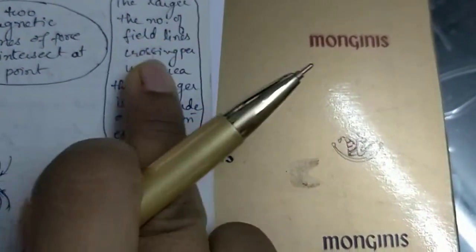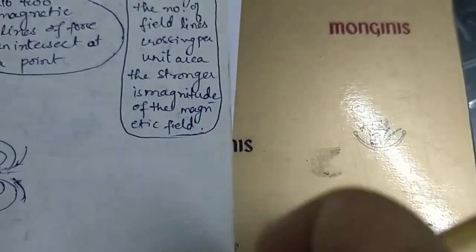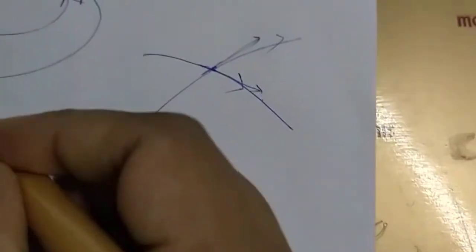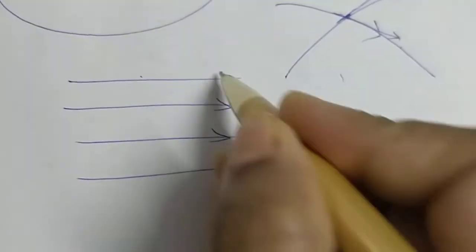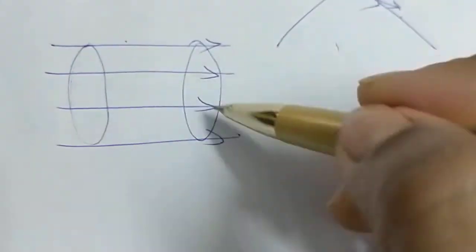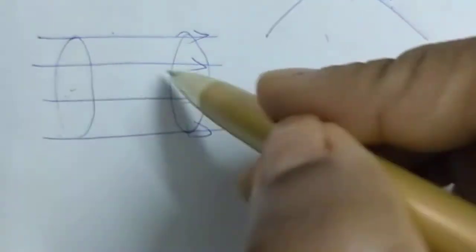The larger the number of field lines crossing per unit area, the stronger is the magnitude of the magnetic field. This means, suppose you have equally spaced parallel lines. If I consider an area here and another equal area here, an equal number of lines are crossing. So the magnetic field strength here and here will be the same.